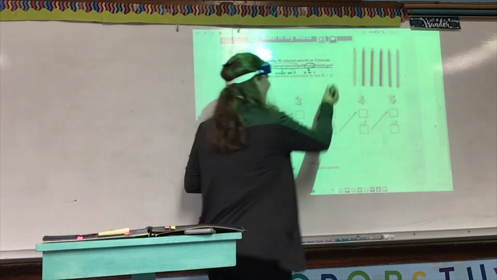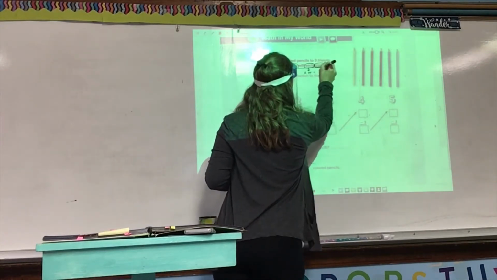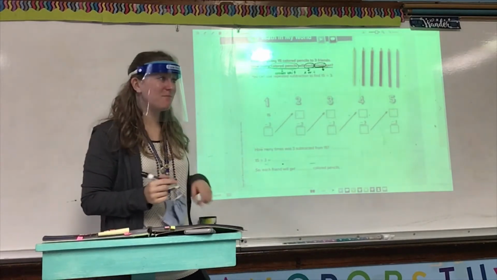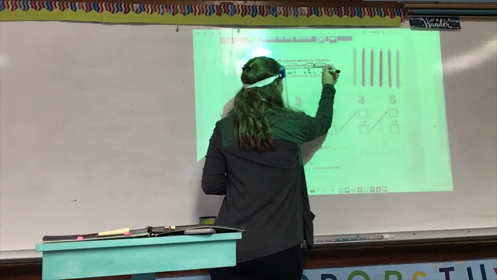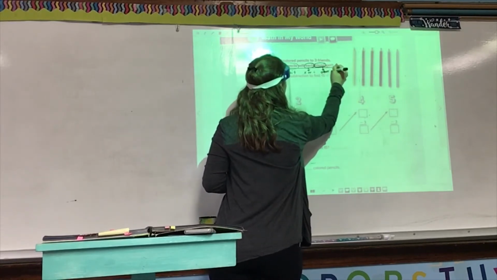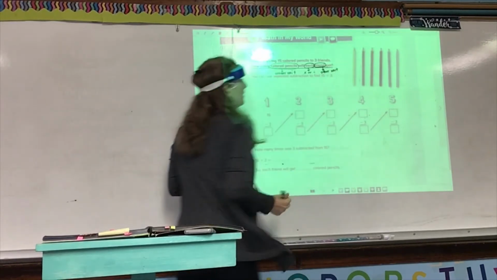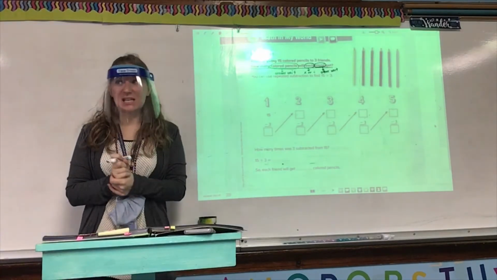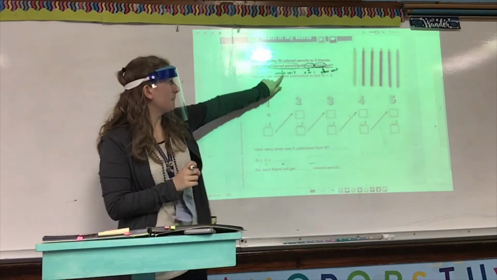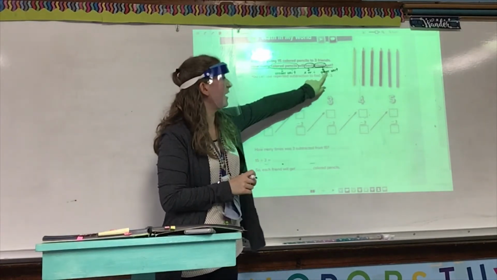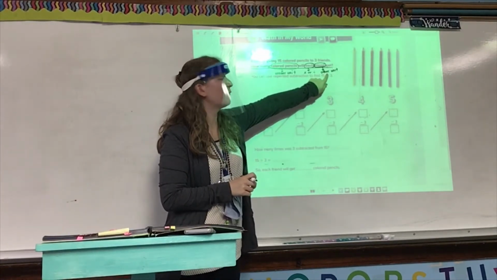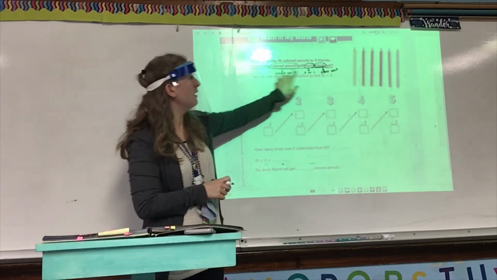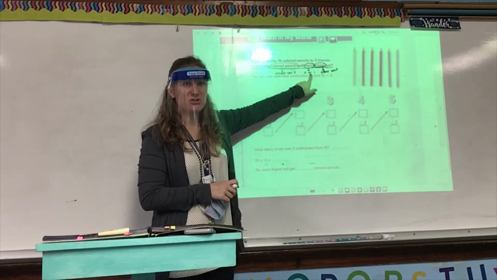Then we look, and after the word each, we have friend. That means friend is our other unit. So that means in this question, we're going to have a number representing colored pencils, and we're going to have a number representing friends, because colored pencils comes after how many, and friend comes after each.